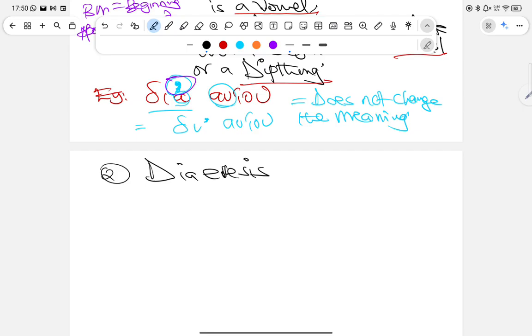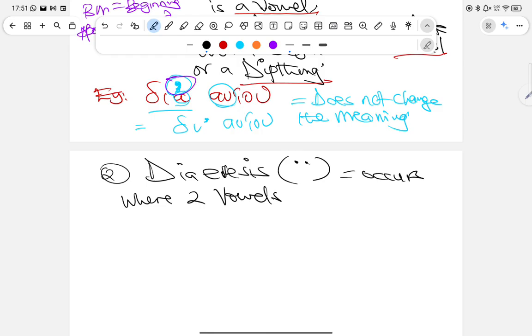Again, I didn't begin this name. Okay. Now, the diaeresis is a dot on top like that. Now, this occurs where two vowels that usually would combine to form a diphthong are to be pronounced separately.